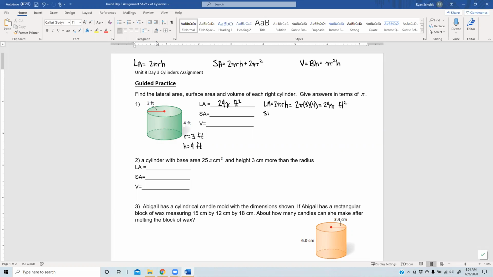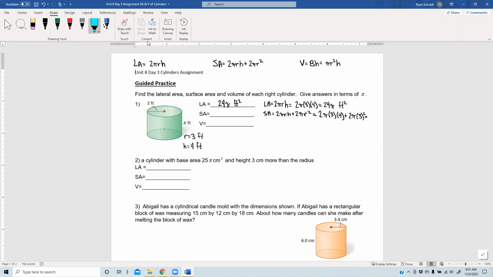Then we need total surface area. So it's going to be 2 pi r h plus 2 pi r squared. So 2 pi, r is 3, h is 4, plus 2 pi, r is 3 squared. And I am running out of room right there. So if we calculate all of that, remember, when we do these, we do not put pi in the calculator because it tells us in terms of pi.